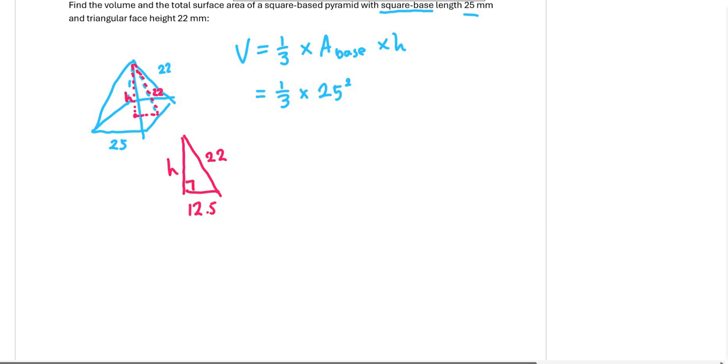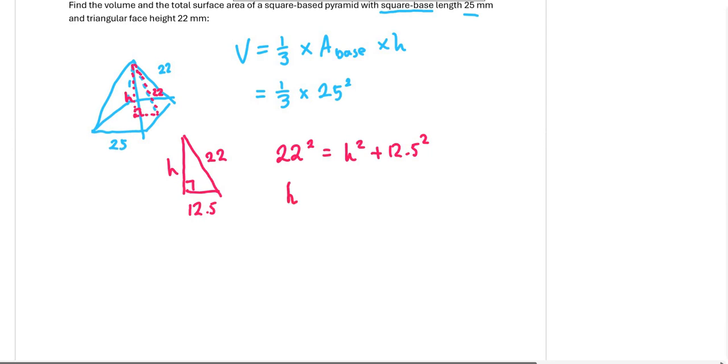Then we have a right angle triangle right here hidden there. Using this, we can find the height. If it's a right angle triangle, we can use Pythag to find the side length. So 22 squared is going to be equal to h squared plus 12.5 squared. And we're solving for h.